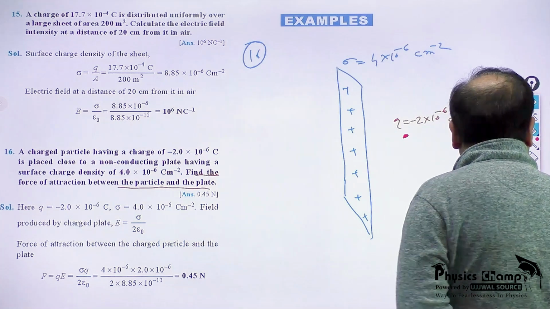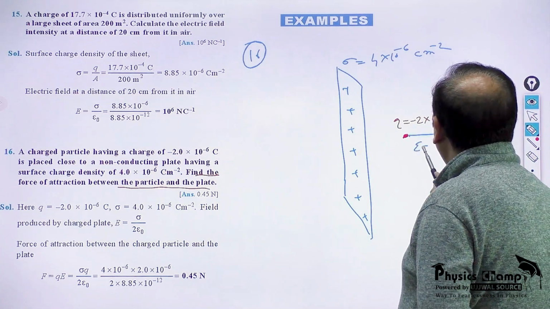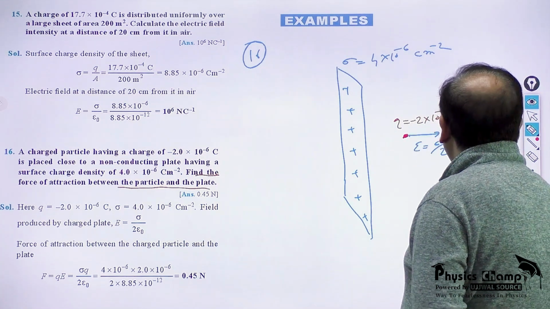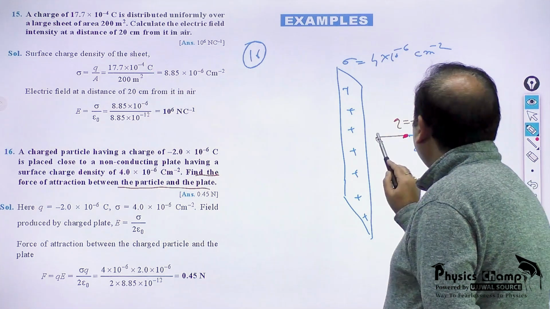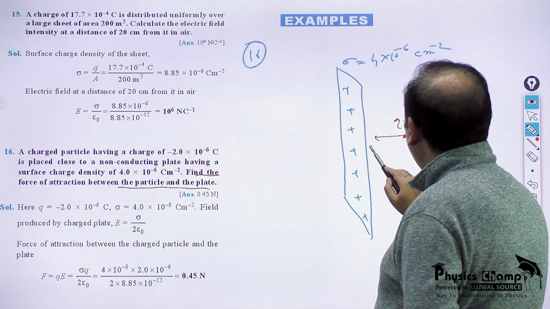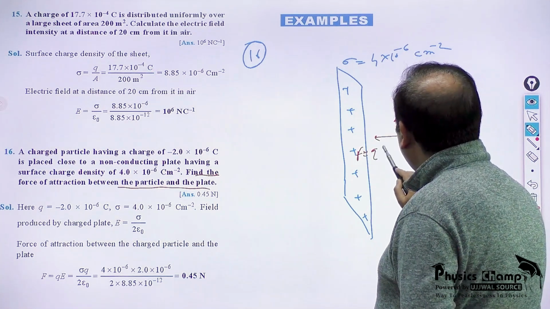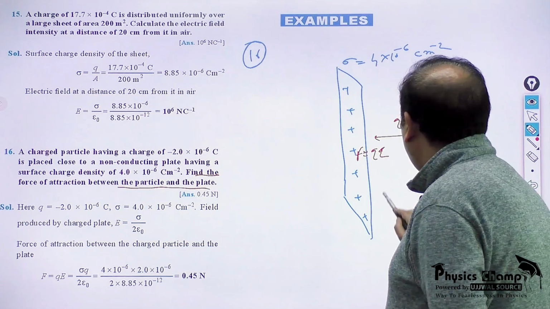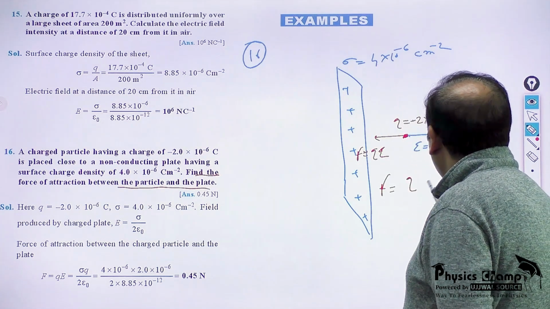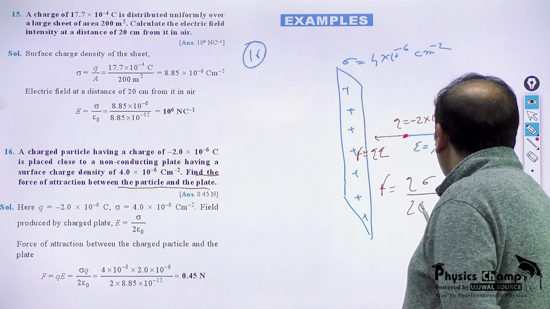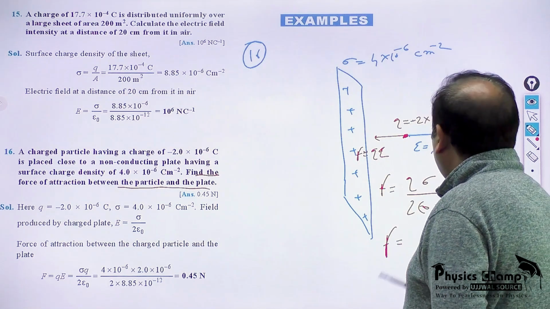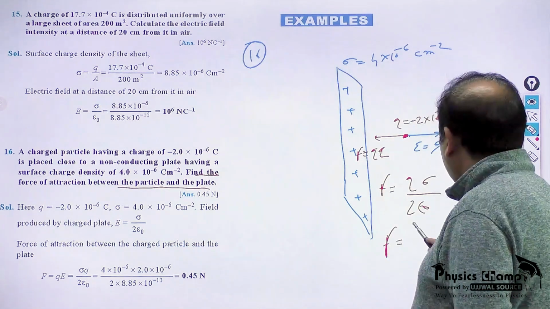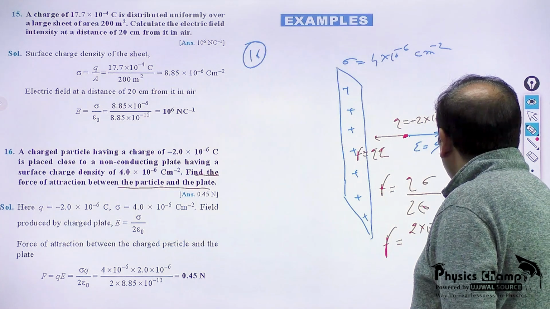So due to this, the electric field would be here sigma by 2 epsilon naught, and if you are looking for the force of attraction, because it's a negative charge, so force will be QE. So that force of attraction will be Q into sigma by 2 epsilon naught. So charge is how much? 2 into 10 to the power minus 6.